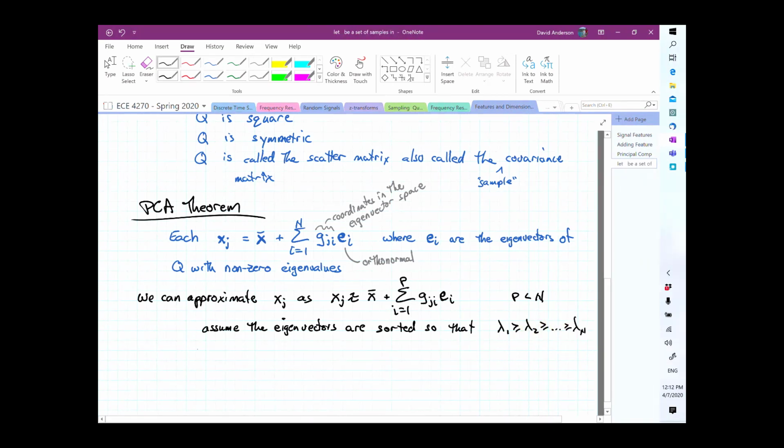By doing this, we can take data that is very high dimensional and get rid of the dimensions that don't matter as much, and give us now an effectively lower dimensional approximation. So the lower dimensional feature vector for xj would be gj1 up to gjP.